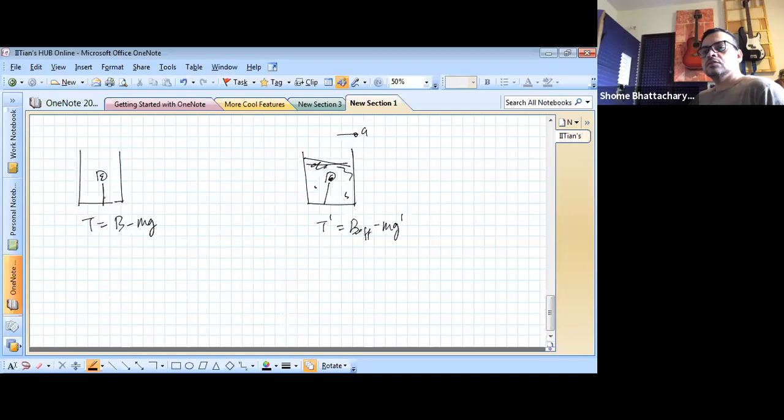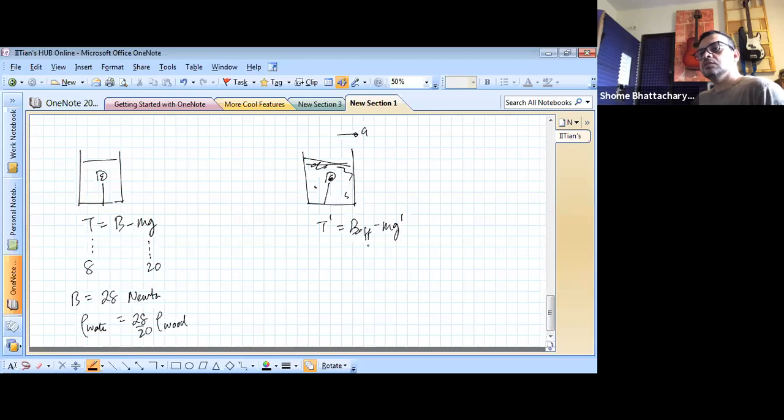Okay. So you can see here that this tension was 8 newtons, mg was 20 newtons. So buoyant force was equal to 28 newtons. So that means density of water was 28 by 20 times density of wood. Okay.